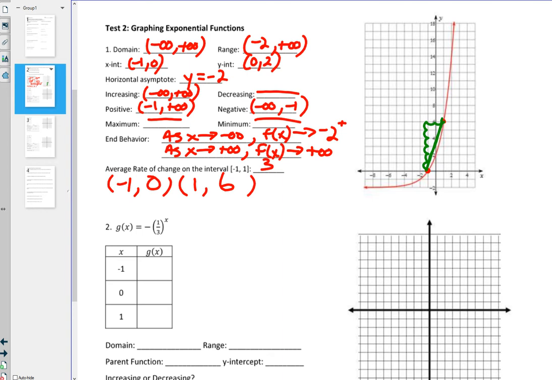So when we use slope formula, slope is equal to 0 minus 6 over -1 minus 1, which is -6 over -2. Just be careful you don't make a mistake with signs. That's the most common mistake when it comes to slope formula. We still got 3. Okay, any questions there?